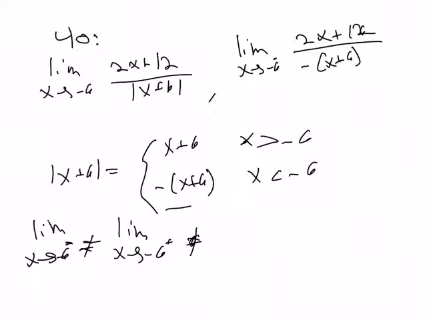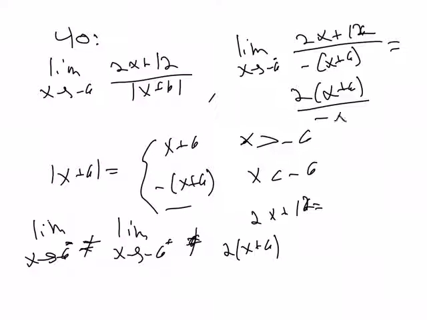Okay, and we know that we can write the top 2x plus 12 is equal to 2x plus 6, so this is going to equal 2x plus 6 over negative x plus 6, and these are going to cancel, right? And so we're going to be left with negative 2. So as we approach from the left, we are left with negative 2.